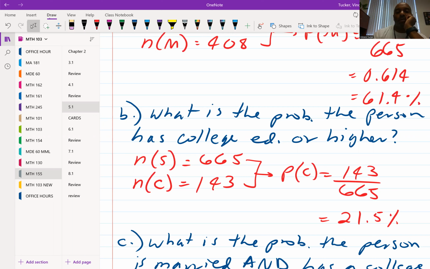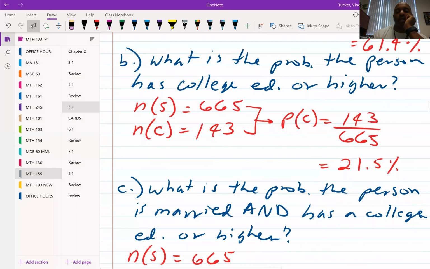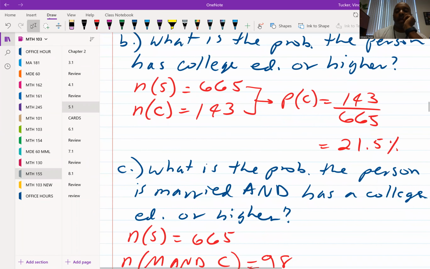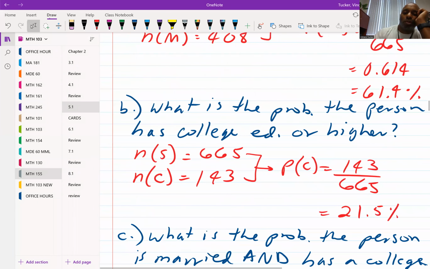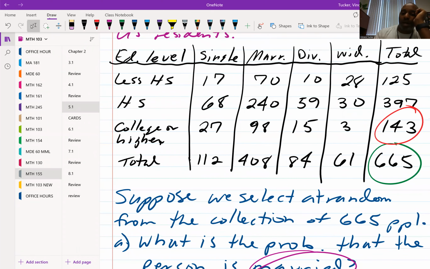All right. Then C, what is the probability that the person is married and has a college education or higher? So we still use 665 as our bottom number. And we talk about married, college education. That's where they meet. 98. So 98 people are married and have a college education or higher.